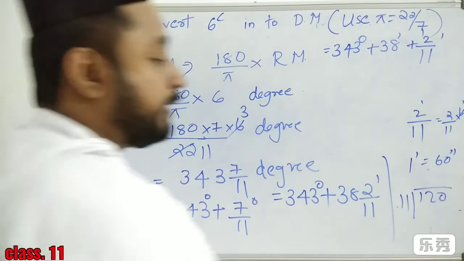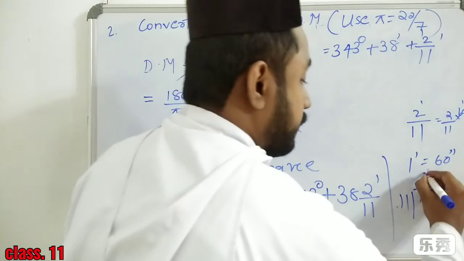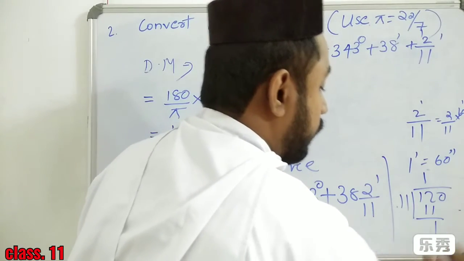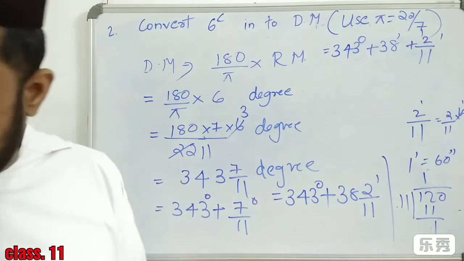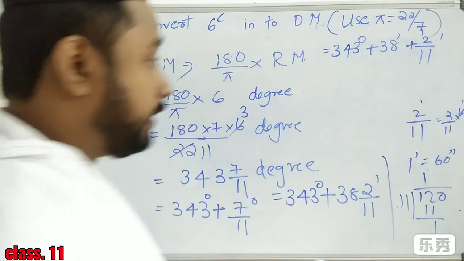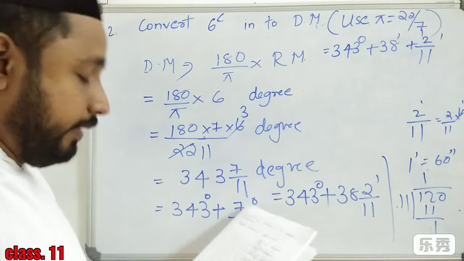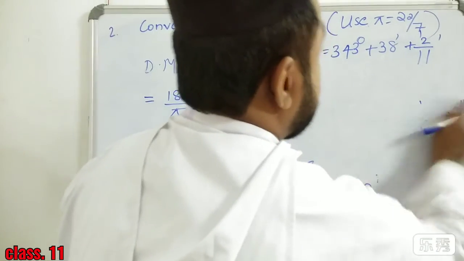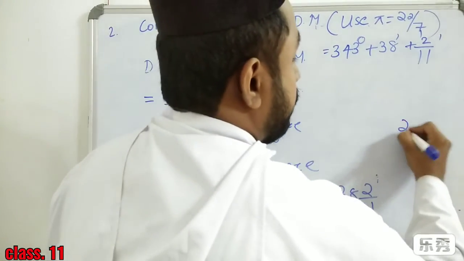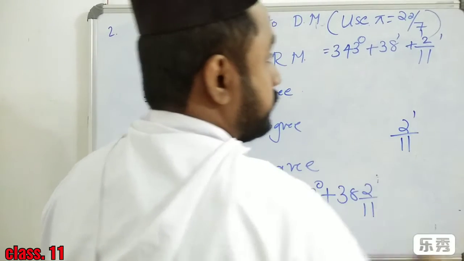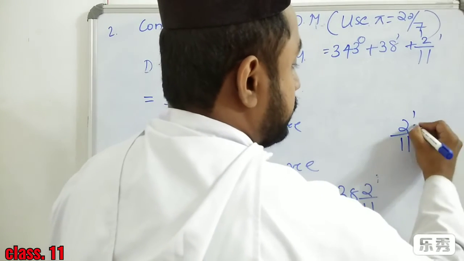So 120 by 11, we can divide by 11. Otherwise we can write 2 by 11 means we can change into seconds by multiplying by 60.